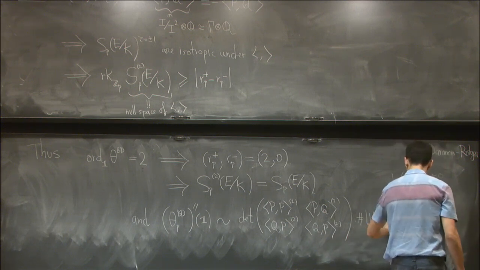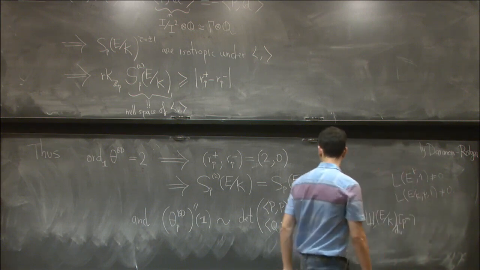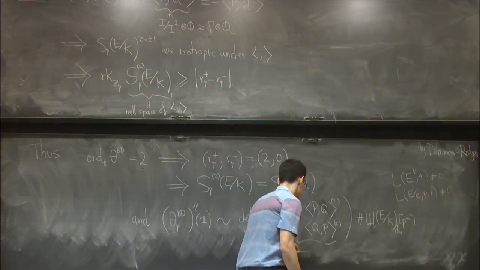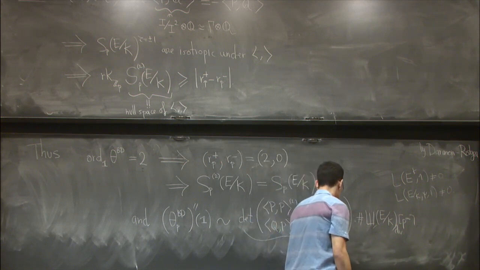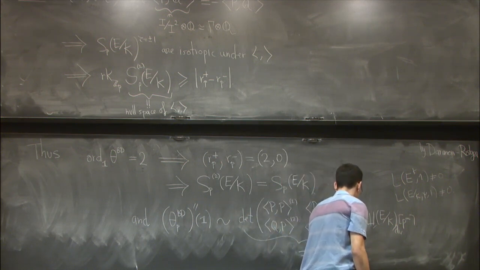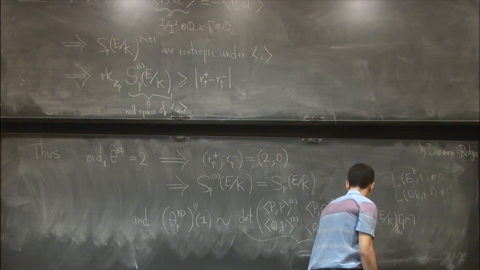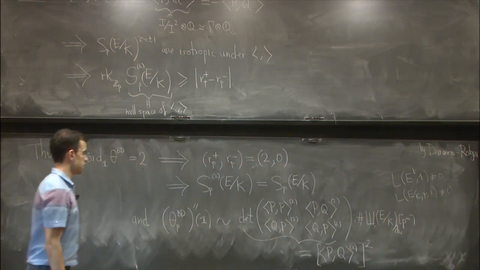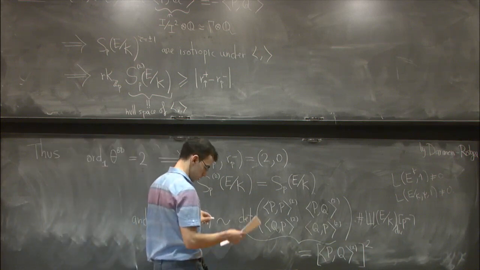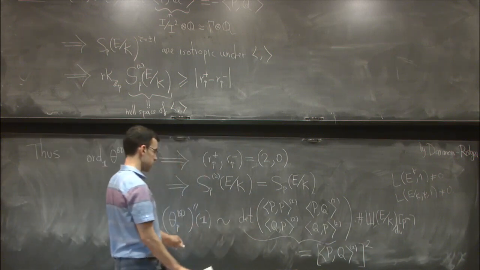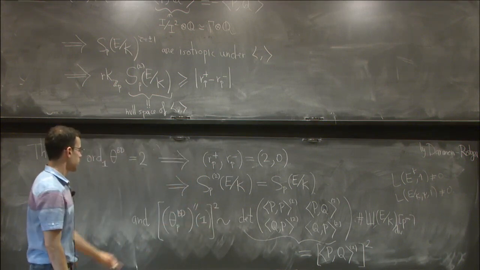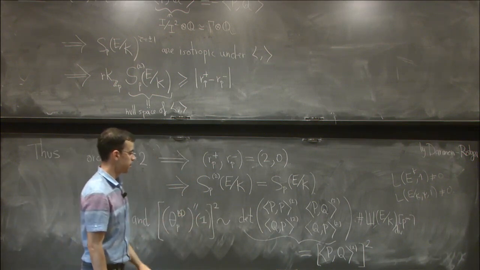But now, using that this is alternating, this actually reduces to the square of the height of P and Q. So you get, and this should be a square, a first formula for the second derivative.